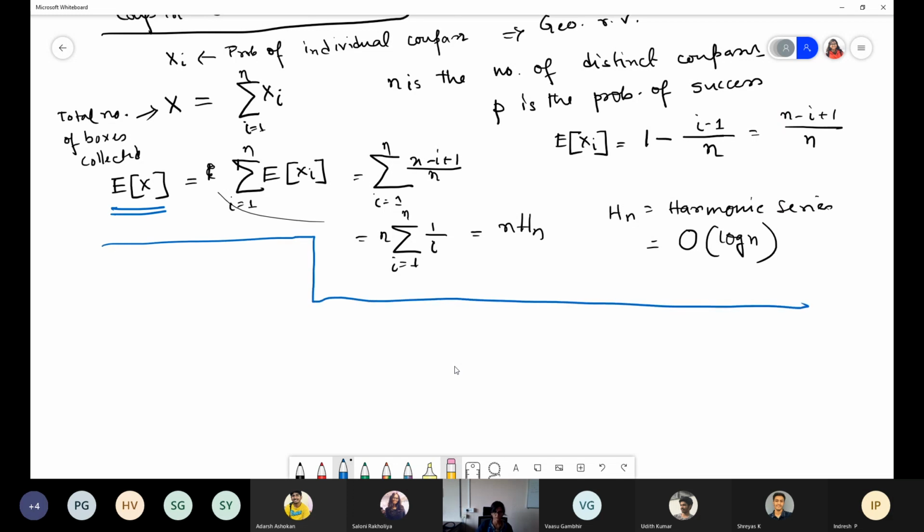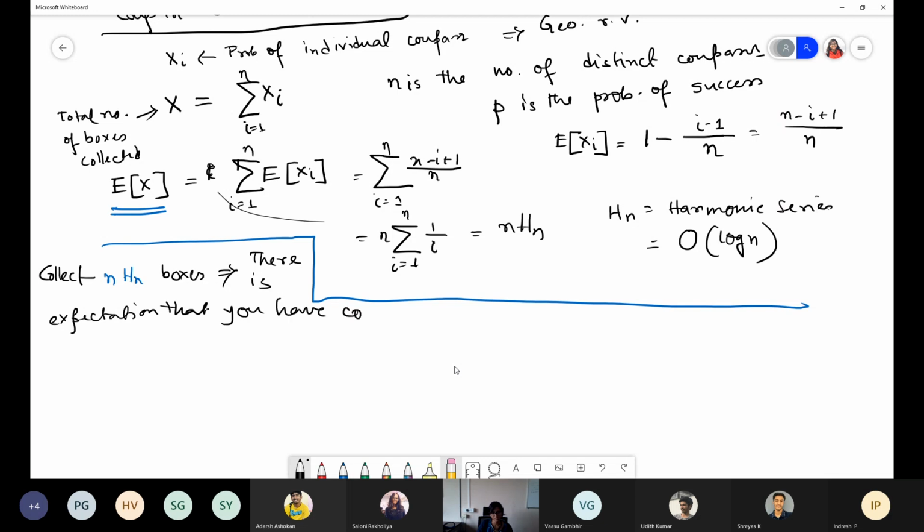So from this we can understand that if we collect n Hn coupons, n Hn boxes rather, there is expectation that you have collected all n coupons. That is what we have done.